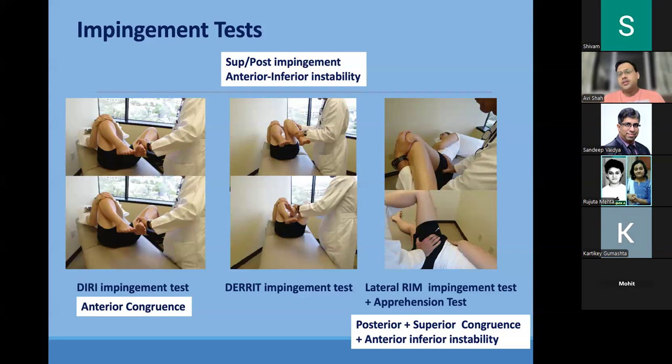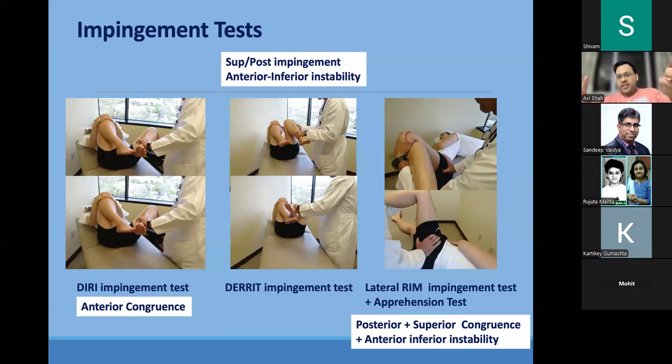And the other is you take the child or the individual in the lateral position. In the lateral position, as you can see in the image, you put your hand over the posterior part of the hip joint, support the leg, and gently abduct. And in abduction, go from flexion to extension.